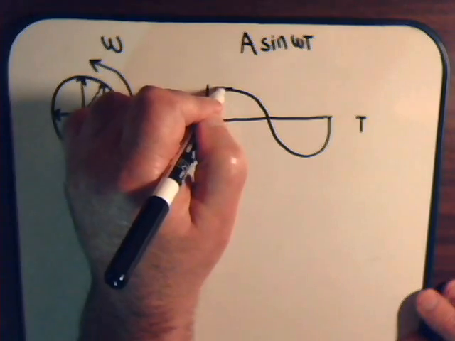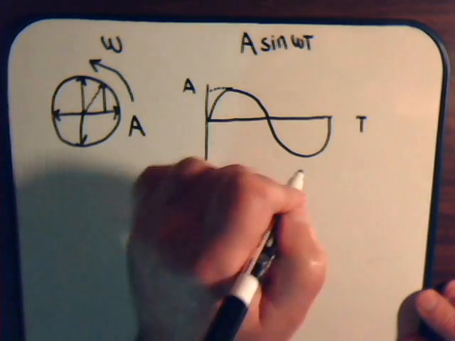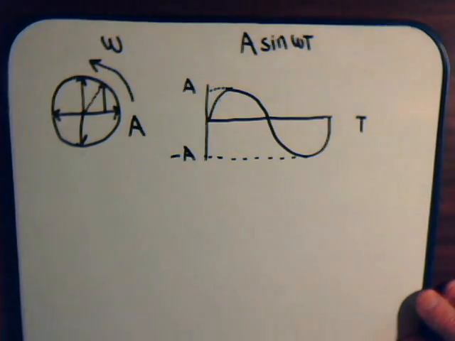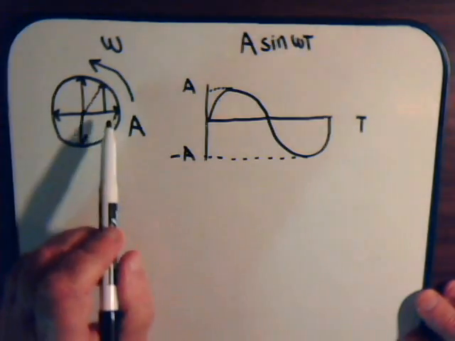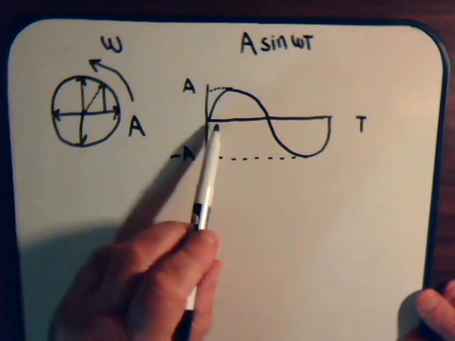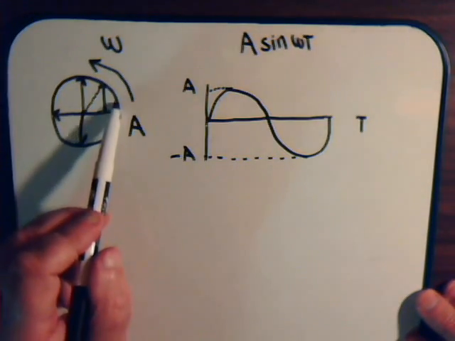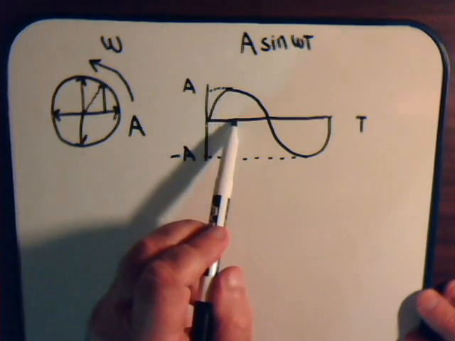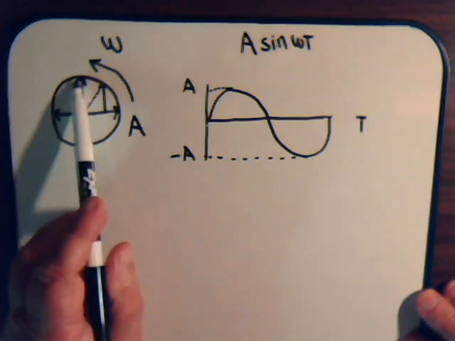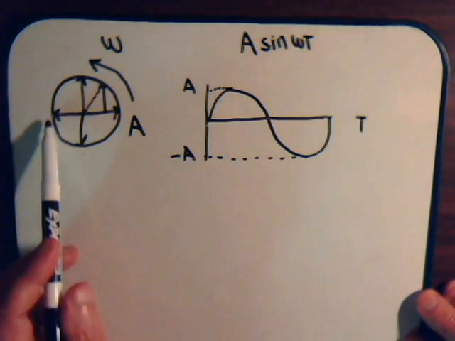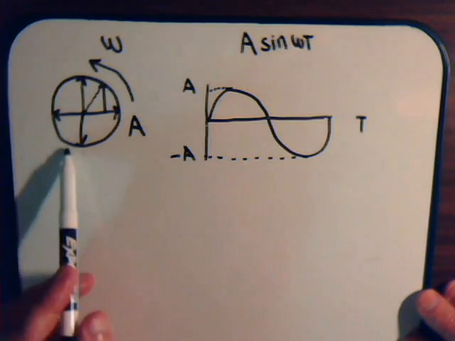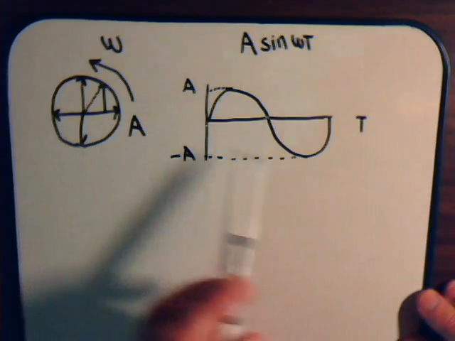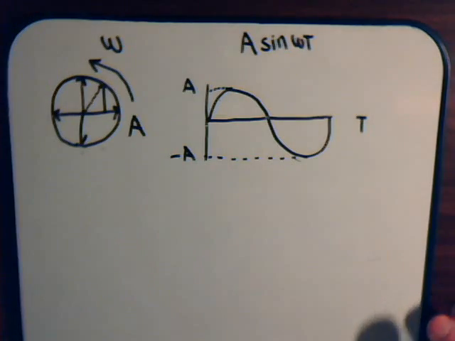And this is A and that's minus A. So it starts off, the vector is here, the height is 0, then it rotates up to here, now the height is A, that corresponds to this, then now it's going to be decreasing again until it's 0, then it sweeps out towards minus A, that's this part of the graph, then it goes back to 0, that's this part of the graph.